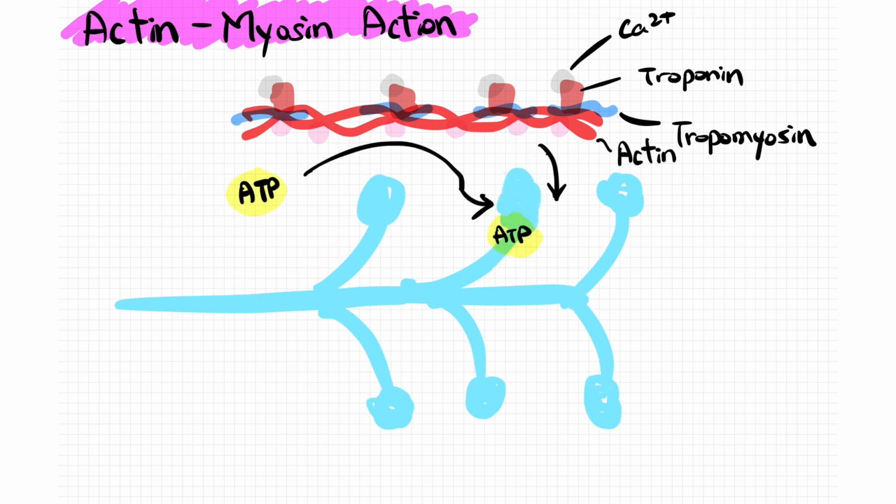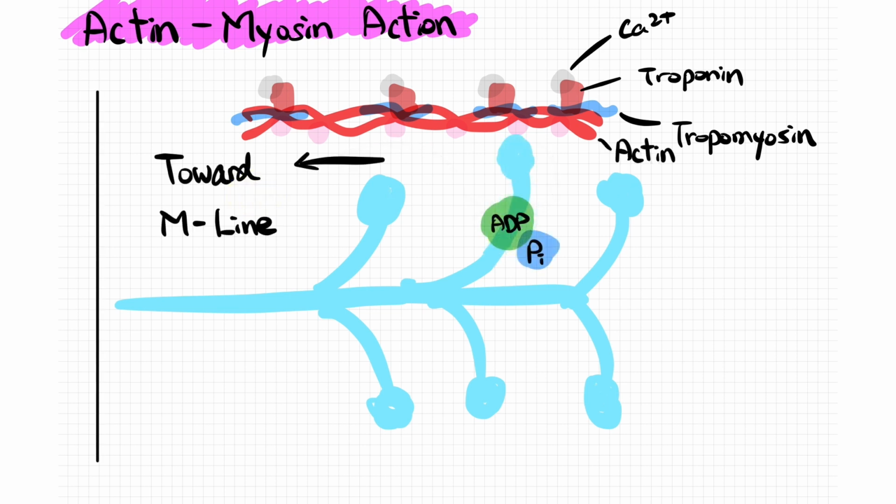A new ATP molecule binds to each myosin head, causing the myosin head to detach from the actin filament. The hydrolysis of ATP into ADP and inorganic phosphate provides the energy necessary for the myosin head to return to its original resting position.